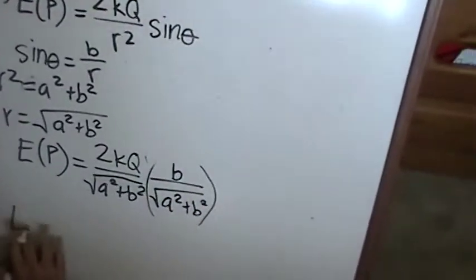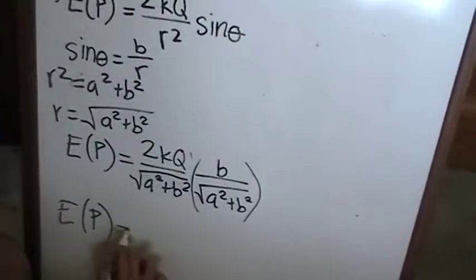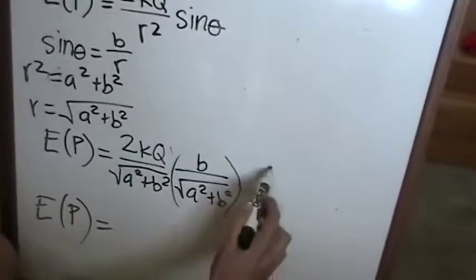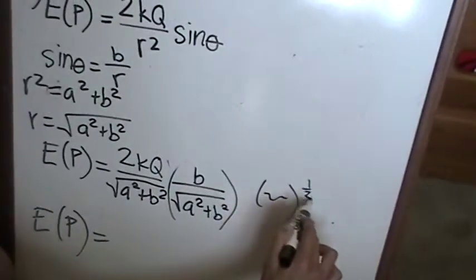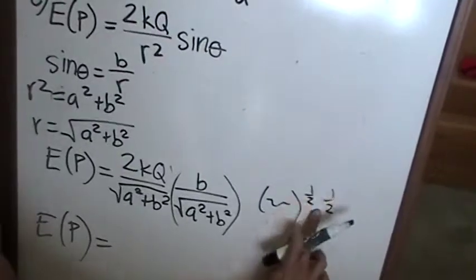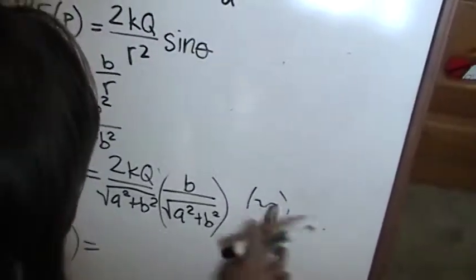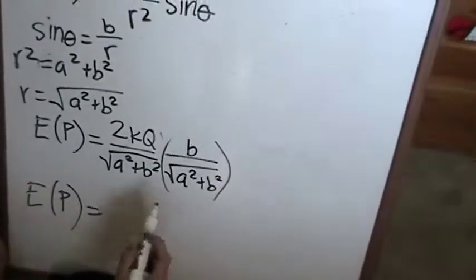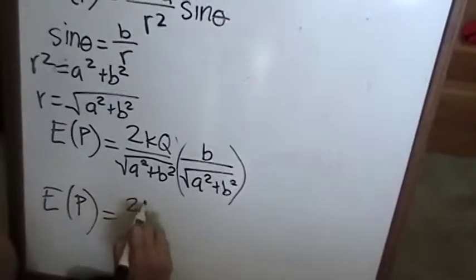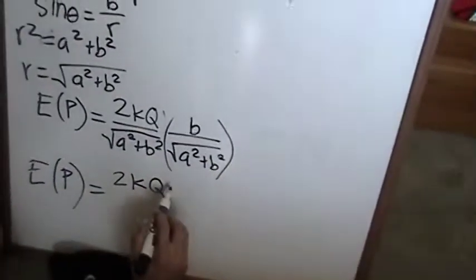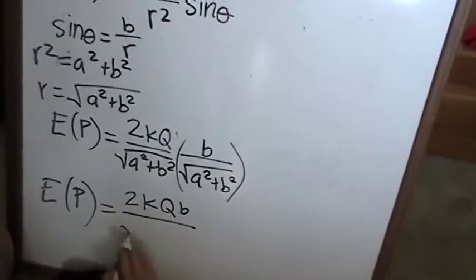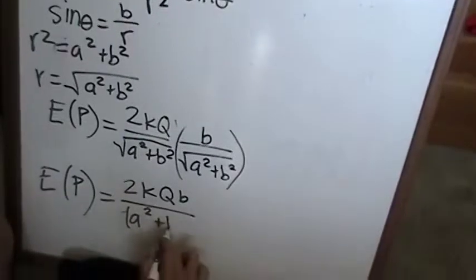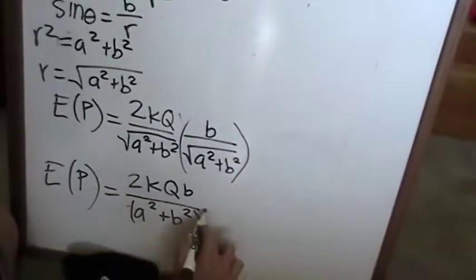And then your final answer, E of P, after you simplify it a little bit: you have two factors, and a square root is normally a quantity raised to the 1/2, plus 1/2. Basically, it's 3/2 because you're multiplying. So then you're going to have 2KQB over A squared plus B squared, to the 3/2.